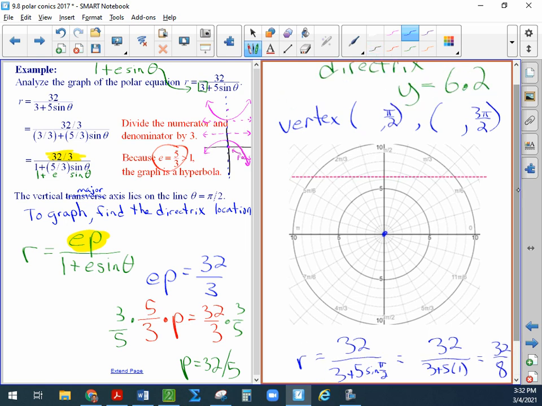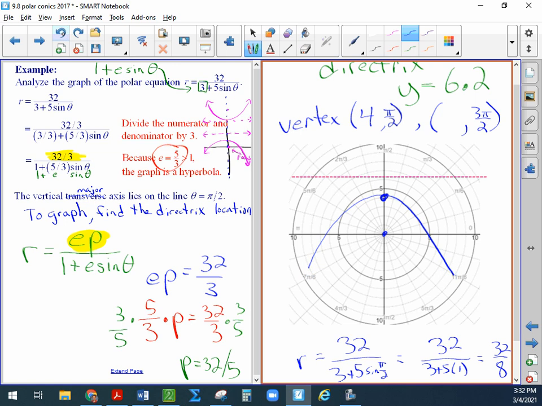So at pi over 2, my r value is 4. Now, since this is a hyperbola, I know that my graph is going to look something like this. And then there's going to be another vertex above where the directrix is.